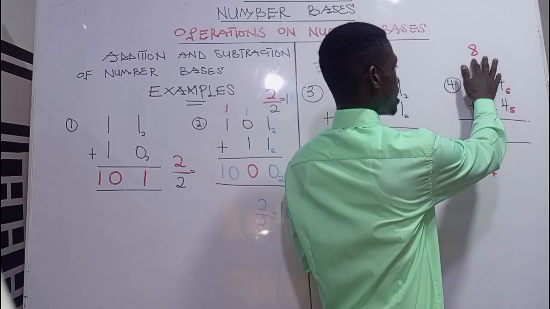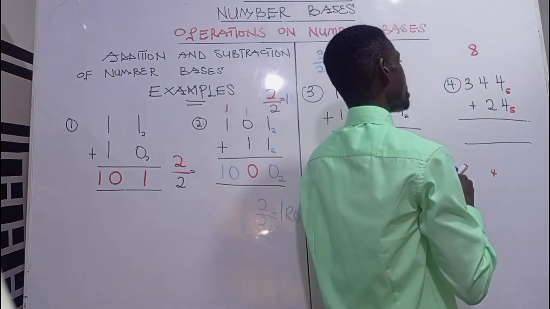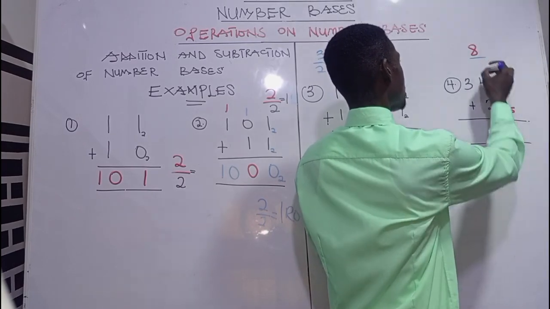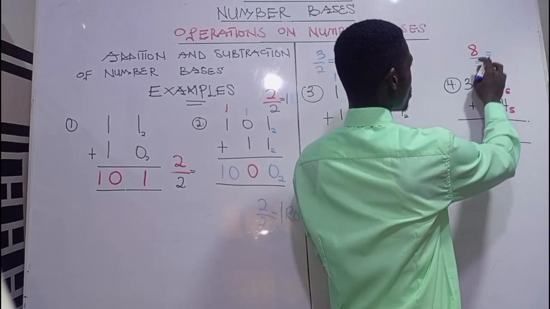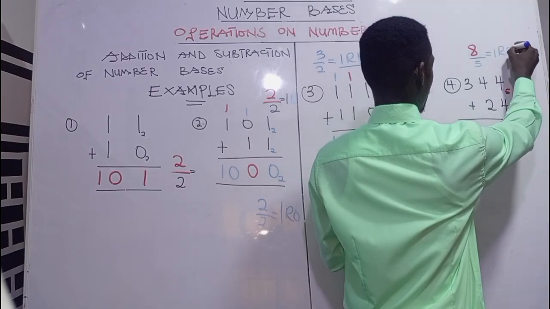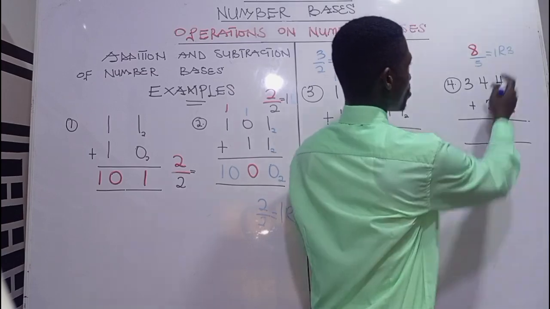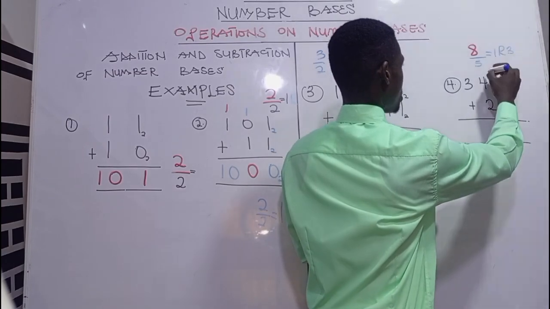But we are having 8 here. And since 8 is greater than the base, we divide it by the base we are working in, which is base 5. So 5 into 8 will give us what? 1 remainder 3. Are you following? Good. So we are going to write the remainder here, and then we carry the quotient to the next number.